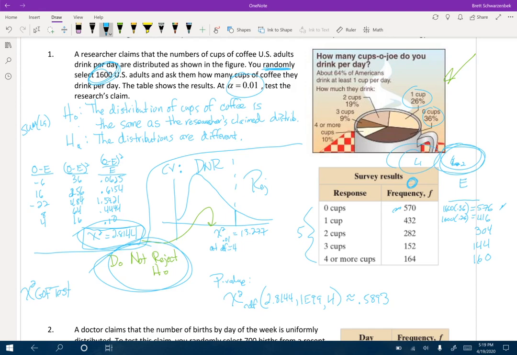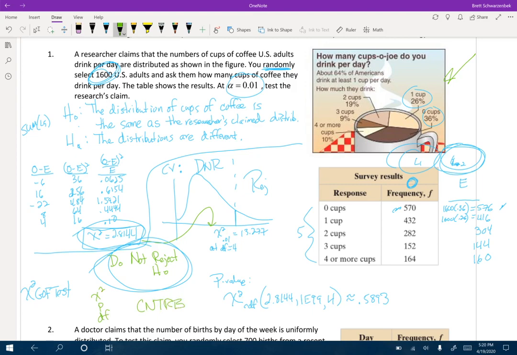But what I wanted to point out, which some of you might find interesting, is that when you run this test in the calculator, it actually gives you something else altogether. It gives you chi-squared, p-value, df, but then underneath that, it gives you CNTRB.